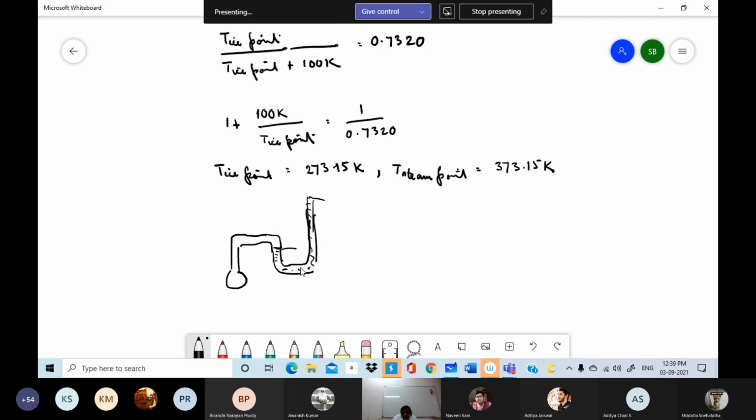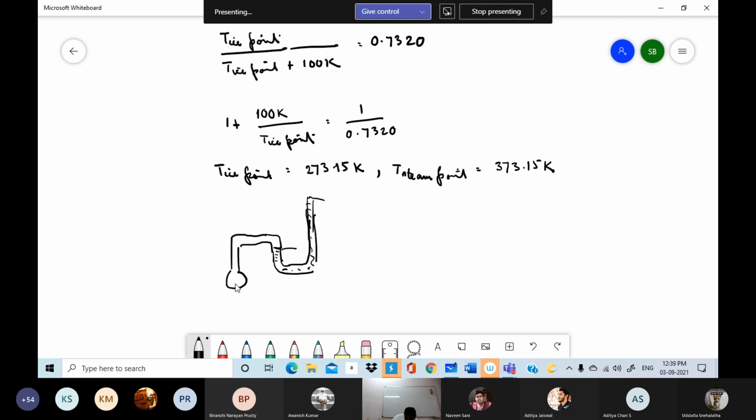Depending on what the temperature is, I'll have to add varying amounts of mercury to bring this meniscus to this level, so that this pressure matches this pressure. And since it's at constant volume, this pressure is proportional to temperature if it is an ideal gas.